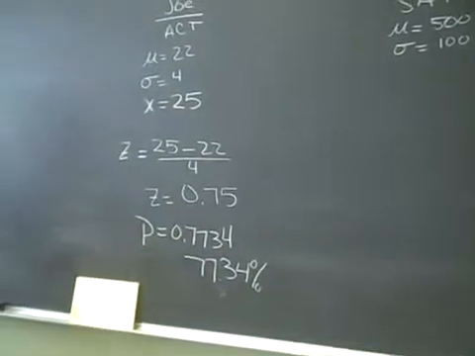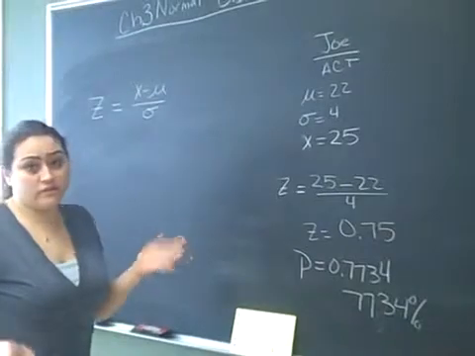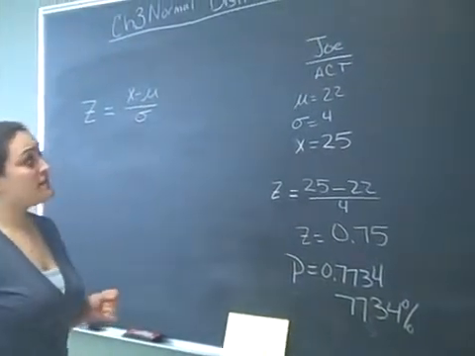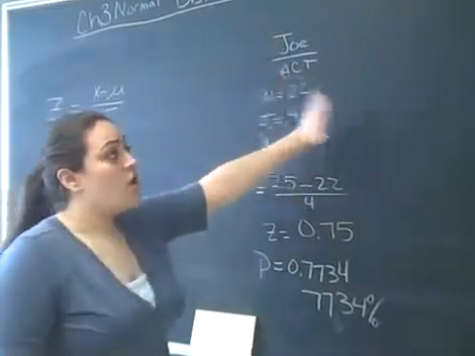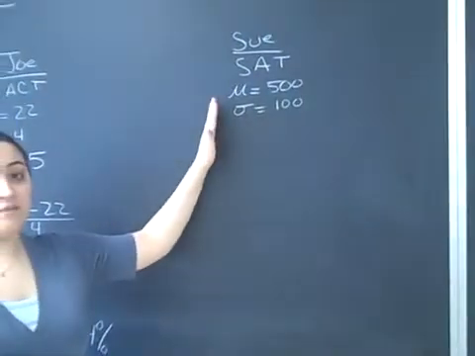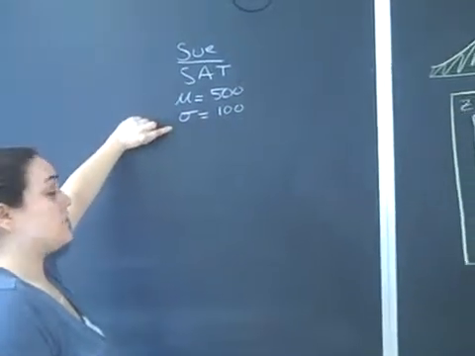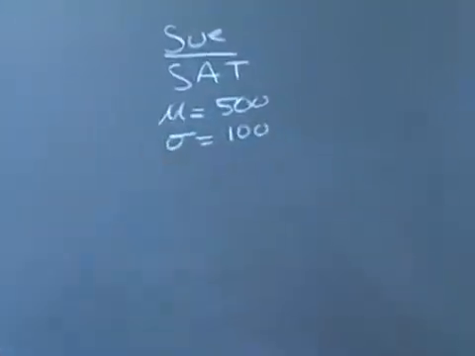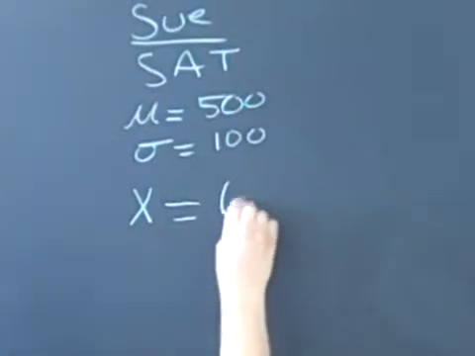Now, it's useful to determine everything to a z-score because we can compare things that don't have similar scales. Let's say we want to see who did better, Joe on the ACT or Sue on the SAT. Now, she took the SAT and it was determined that the mean was 500 and the standard deviation was 100. Sue scored a 650.